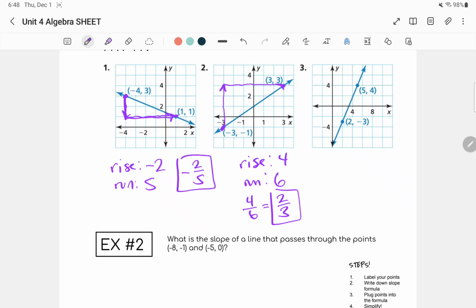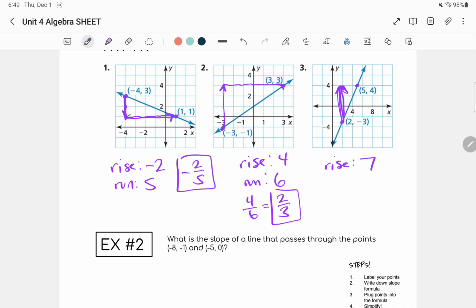Now number 3. Oh, this one's in the middle right here, and it's also in the middle right here. It's because they counted by 2s. Interesting. Since they're counting by 2s, we can't really just count the boxes. We have to make sure we're counting the numbers. So let's actually look at the numbers here. Our change in Y is going to be, no, sorry, I'm looking at the X. It's going to be 7 because I'm going from -3 to 4.